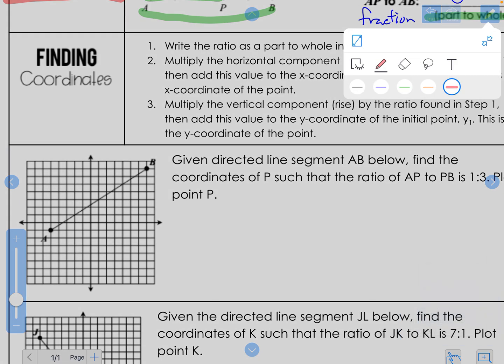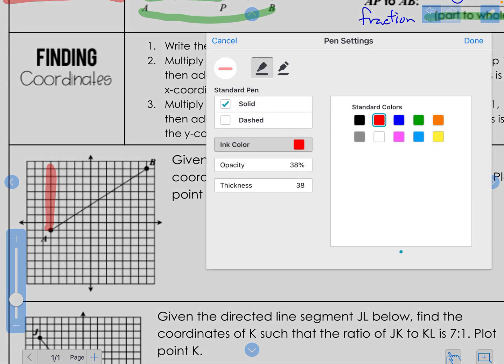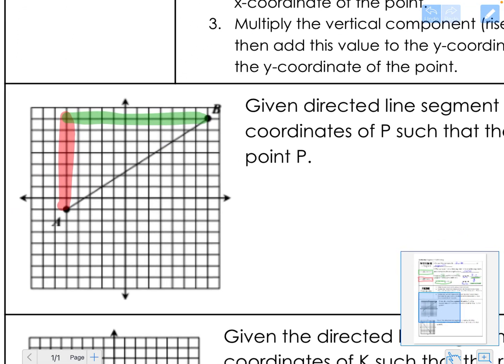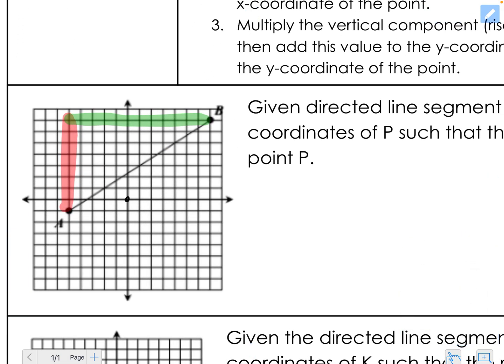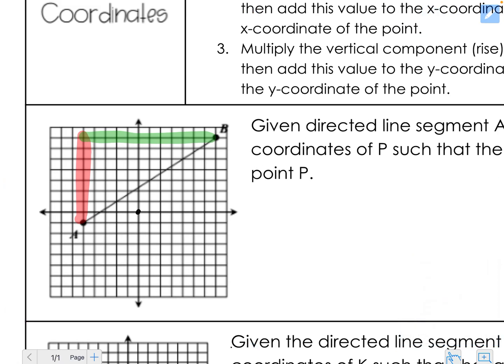For Y, we know that Y is up and down, so I'm going to pay attention to what we call the rise of this line. Whereas if I'm looking at X, I'm paying attention to the run, or the left and right movement of this line. The first thing that we need to know is our points. It's kind of hard to tell, but that is our origin. A's coordinates are -5, -1.